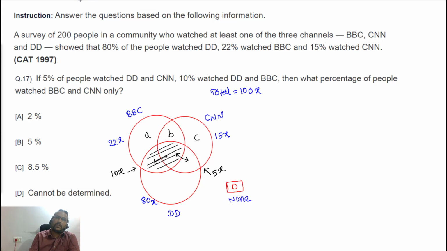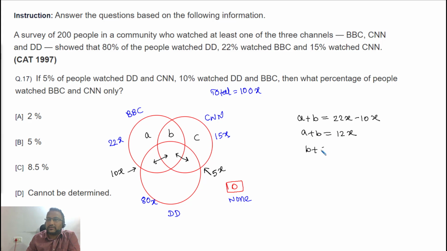So the value of A plus B becomes how much? 22x minus 10x. The value of A plus B is equal to 12x. Similarly, the value of B plus C is equal to how much? 15x minus 5x. The value of B plus C is equal to 10x.